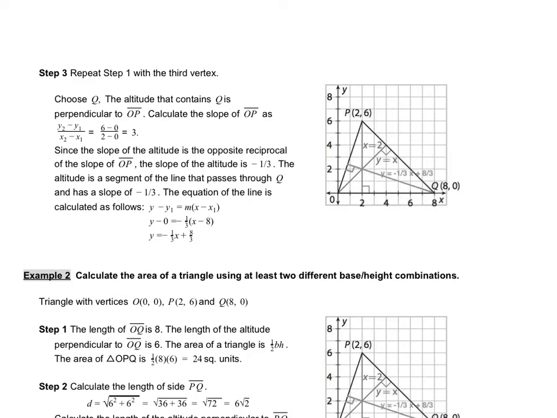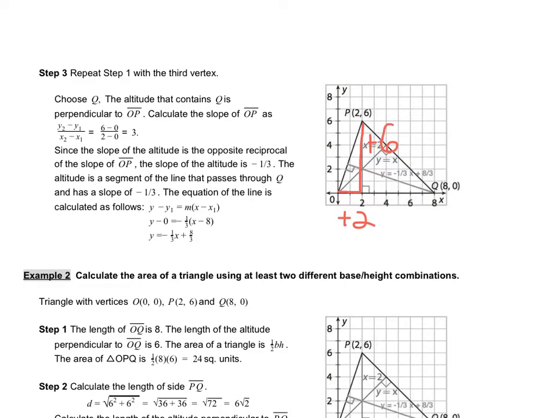So we first need to know what is the slope of OP here. And if we were to draw in a triangle here, and I'll draw that slope triangle in for you guys, from O to P is going to be a run of +2 and a rise of 1, 2, 3, 4, 5, 6, or +6. I'm just kind of writing over the top of things, I realize, but we already have the equations of what's underneath there.